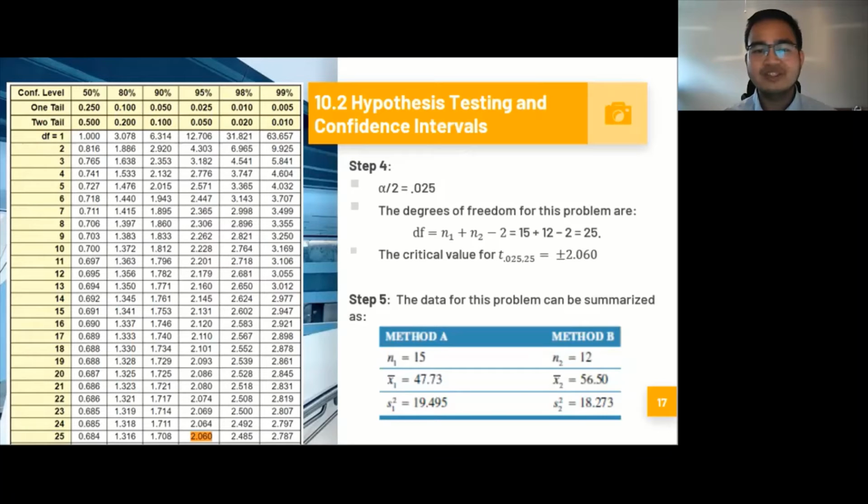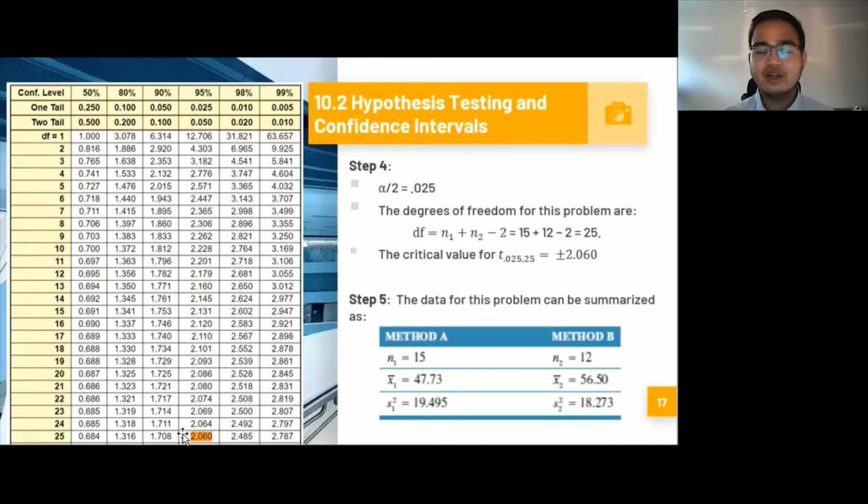Then we just need to take this 25 degrees of freedom with a 95% confidence level, which gives us a 2.060 critical value for t. Then in step 5, we identify some additional values of the statistical symbols.